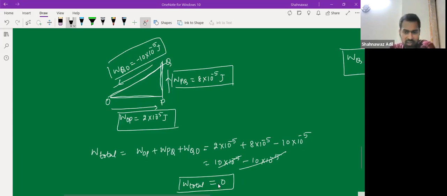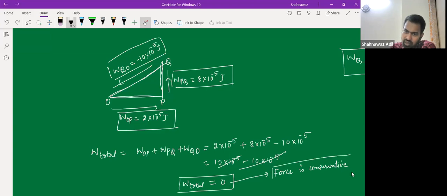So work done in the closed path is 0, which means that the electric field or the force is what? Right, guys? For a conservative force, the total work done in a closed path is 0. Is that clear, guys?